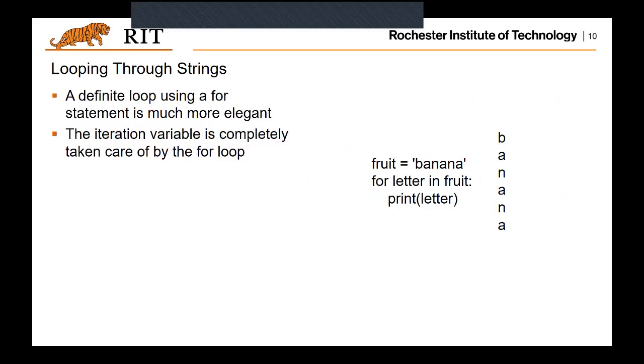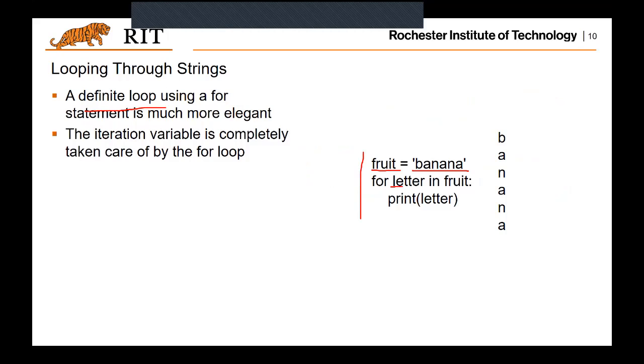Also, we could use the for loop. A definite loop means we know how many times we're going to execute inside the loop. The way for us to use the for loop is something like this. We have a string banana, and we can define a new variable fruit and assign banana to this new variable.